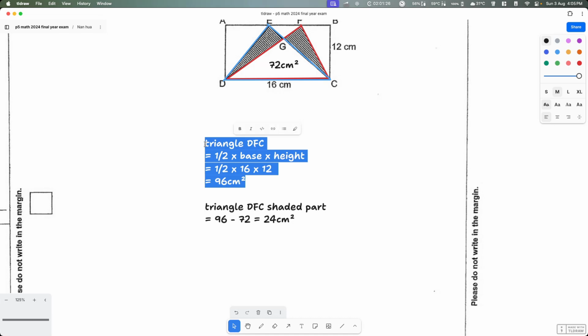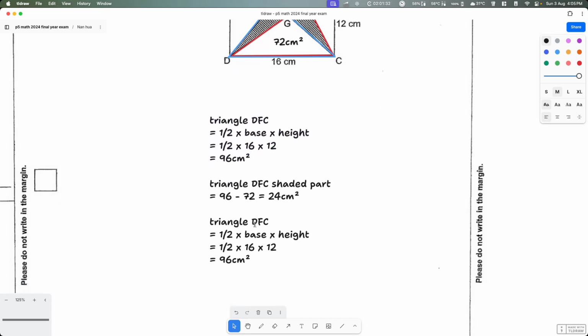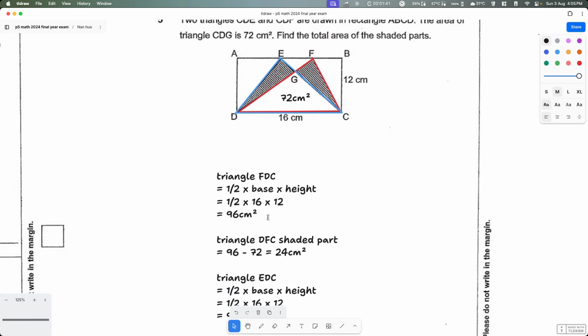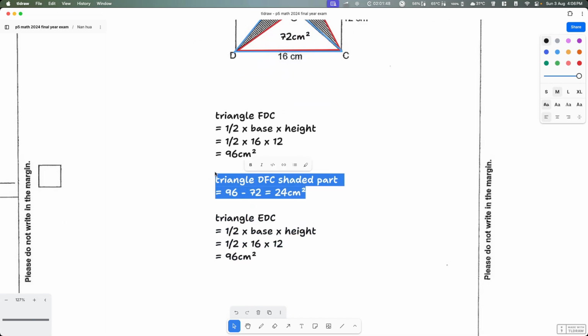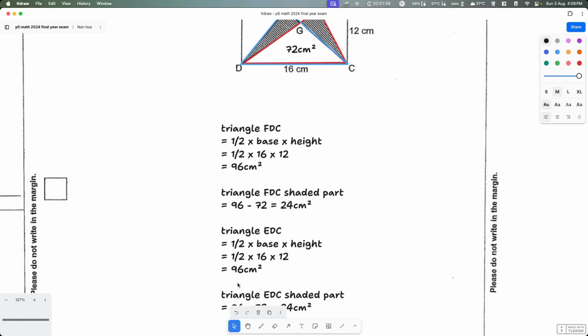Triangle EDC, same as FDC. The base is 16 and the height is 12. So it gives us 96. Does that mean the shaded part is the same? Yes, it is. So triangle EDC shaded part is 96 minus 72.